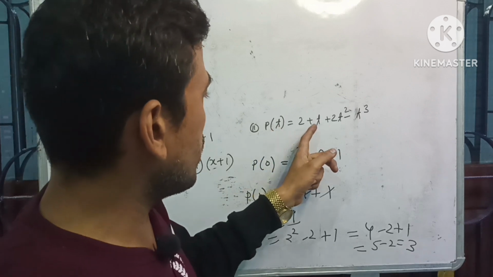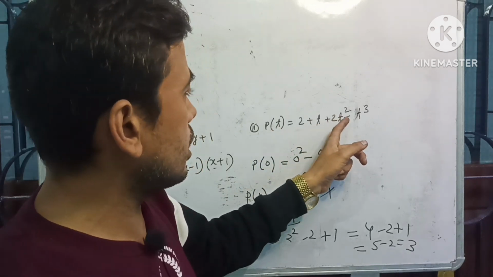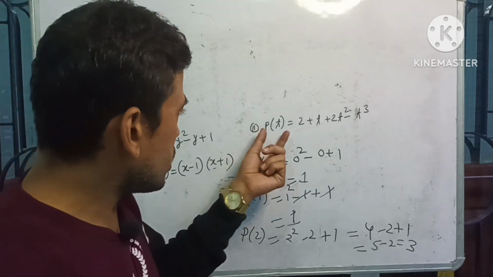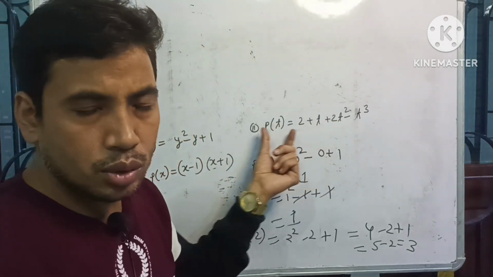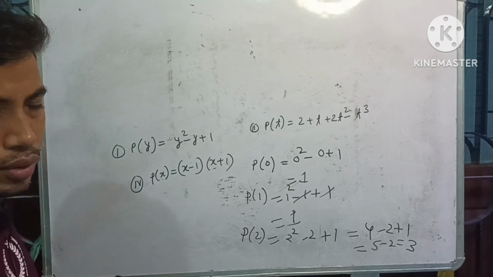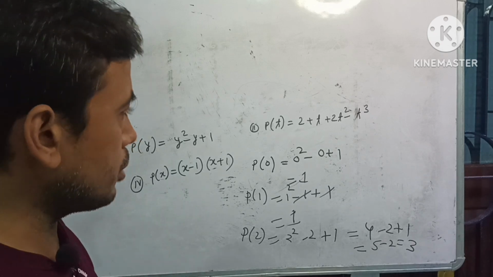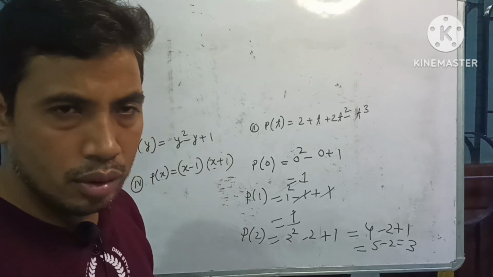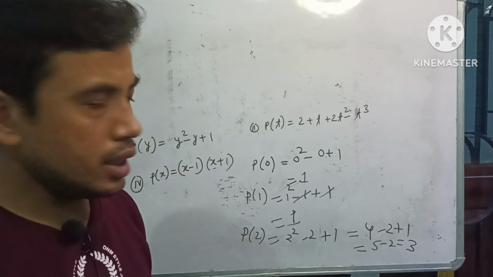Pt equal to 2 plus t plus 2t square minus t cube. Notice here, since the variable is t, the name of the polynomial is Pt. Okay? Now we need P0, P1, P2. That means here we replace t by 0, t by 1, t by 2.